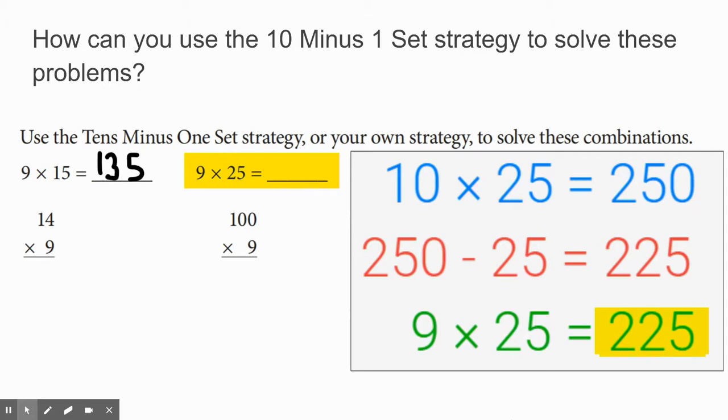And I think, well, if I have 50, I'm thinking of quarters. If I take away a quarter or 25 cents, I end up with 25. I know that 250 minus 25 is equal to 225. And there I go. That tells me that my answer to 9 groups of 25 is 225.